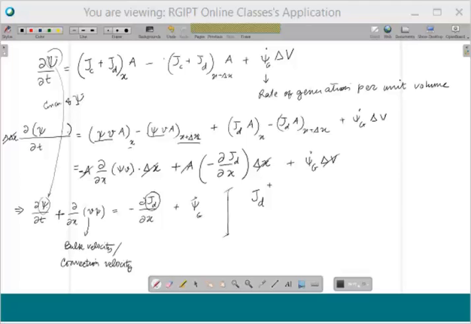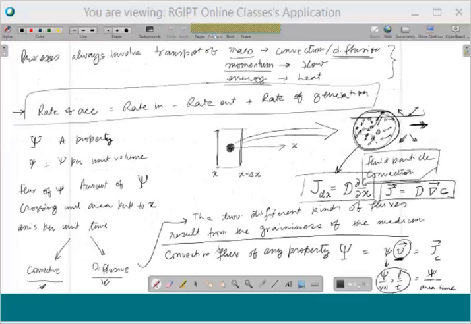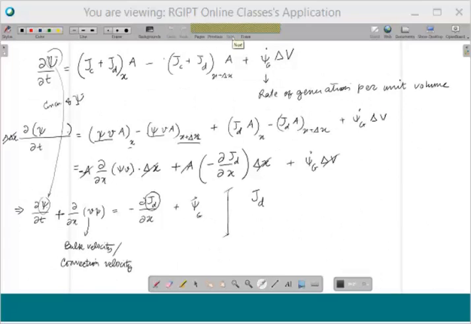In general, you can write it as a property. If you consider the simple mechanism of how that flux arises because of the randomness in the velocity, that will lead you to the following result, which is J_D is proportional to del psi by del x.